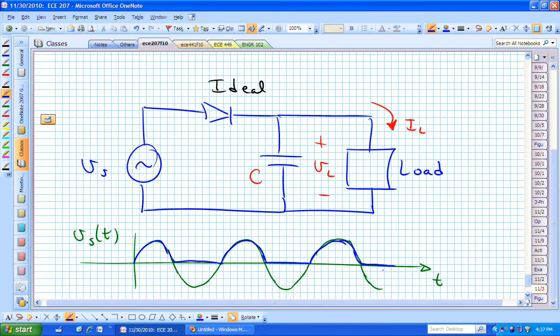It would conduct only when V sub S was positive. It would shut off when V sub S was negative across that diode.